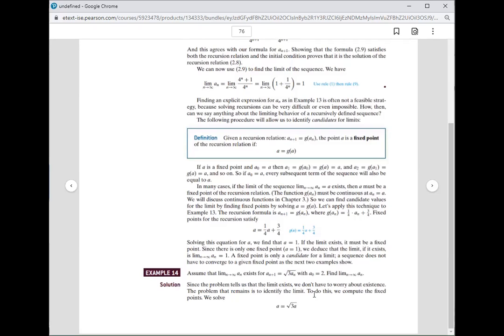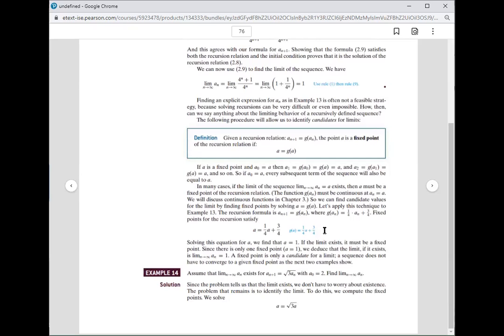So this is another example. If your limit exists, and a_{n+1} is this, and a0 is this, I need to find what the limit is. Since the problem tells us that the limit exists, we don't have to worry about existence. The problem is to identify the limit. To do this, we need to compute the fixed point.